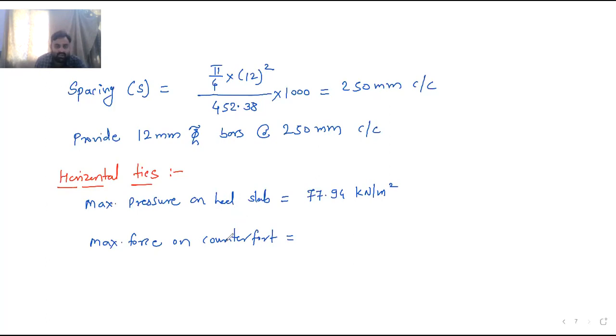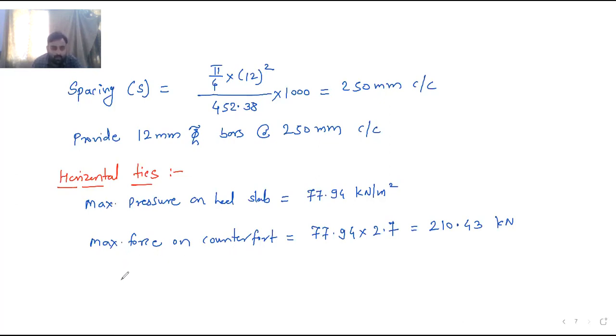So now the maximum force on the counterfort. How much is it? It is 77.94 into the length, which is 2.7. So 77.94 into 2.7 is 210.43 kilonewton. Okay.